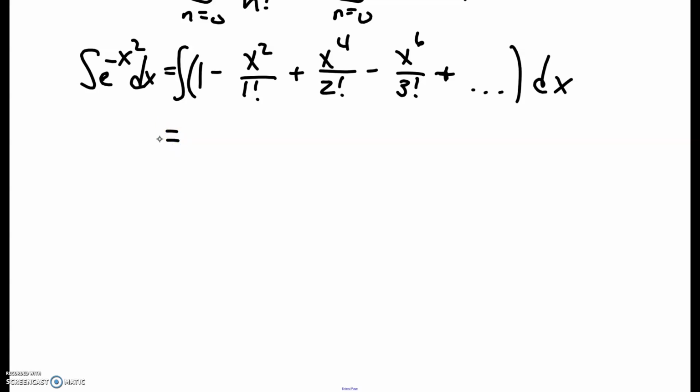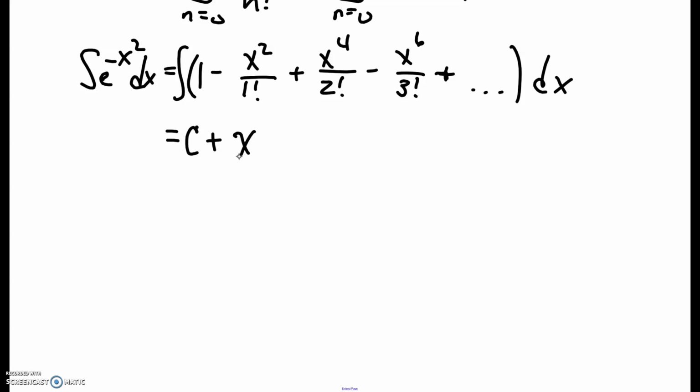So it's an indefinite integral. We will have a constant. Again, with most series, we're going to write the constant in front so that we can write the series after it. The integral of 1 is x.